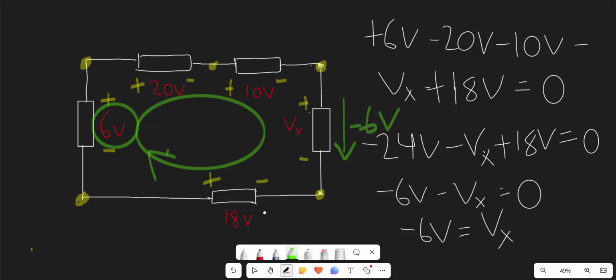But if we reverse the polarities, so if we cross these old ones out and replace them with the new ones, so this negative is now going to be a positive, this is going to be a negative, then if we go in the counterclockwise direction, we're going to have positive 6 volts. So reversing the polarity simply reverses the voltage, but the absolute value of it still remains the same. We still have 6 volts, except it's now reversed in its direction.